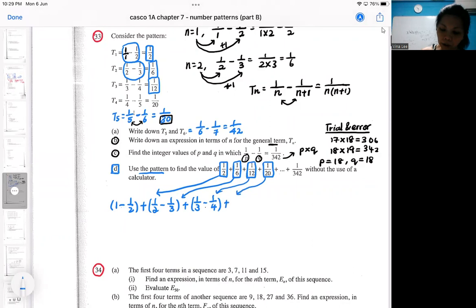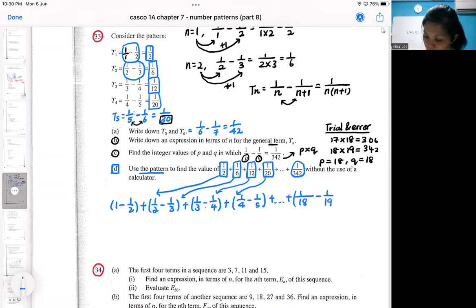And 1 over 20 is equivalent to 1 over 4 minus 1 over 5. So I'll carry on until the last number. The last number is your P and Q. It's 1/18 minus 1/19. Sorry, this one I wrote wrongly. That's a 19.